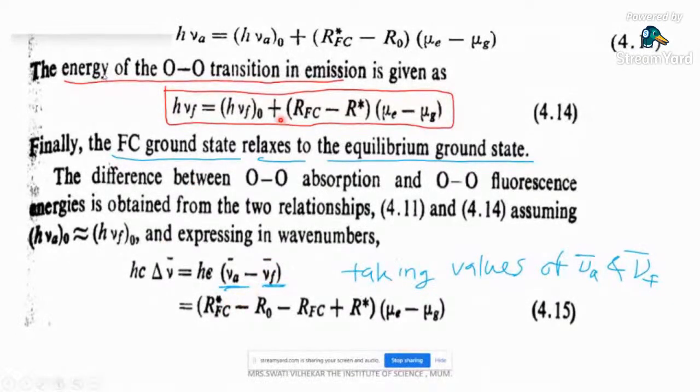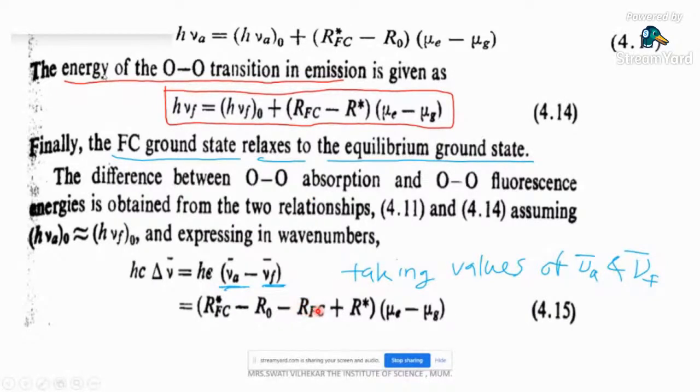As the c factor will get cancelled out, when you write the two equations and replace the values, finally you will get the equation, that is R star FC minus R naught, and this plus value again will get minus. So minus plus minus plus minus.